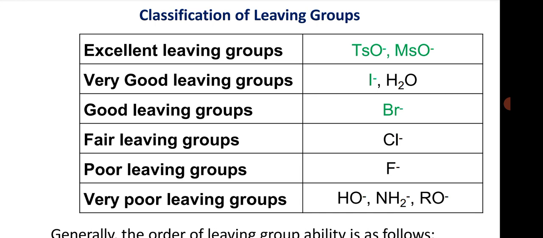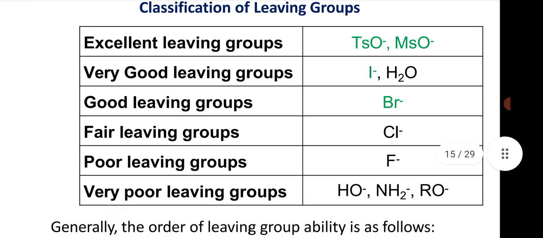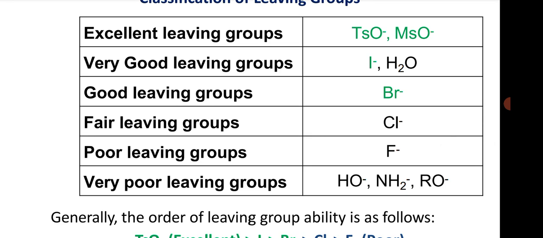Okay, a good leaving group is bromide. Why? Now you can see that the very good category is iodine, the good category is bromine, and the fair category is chlorine. Because bromine is above iodine and has a smaller size, it lies in the good category of leaving groups because of its smaller size compared to iodine.